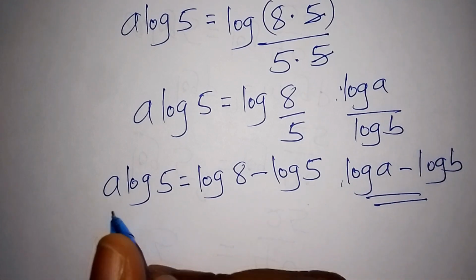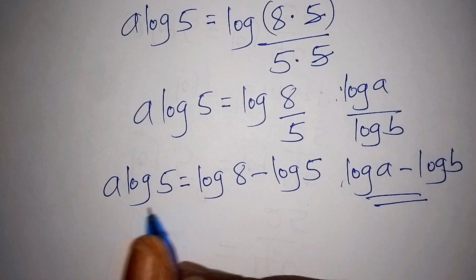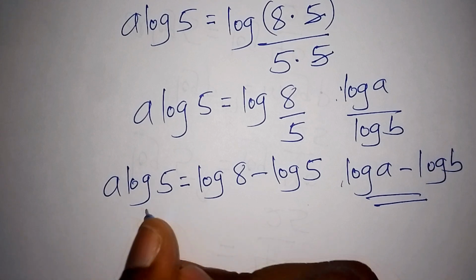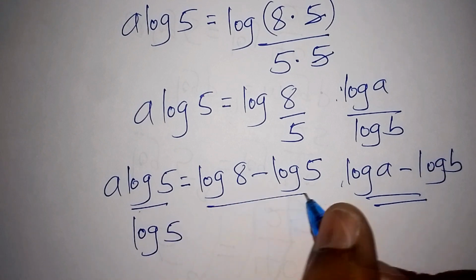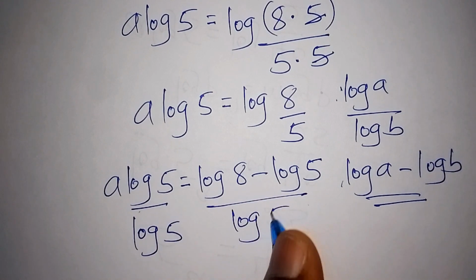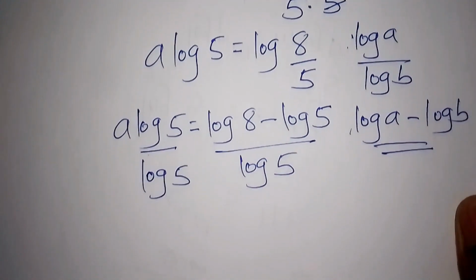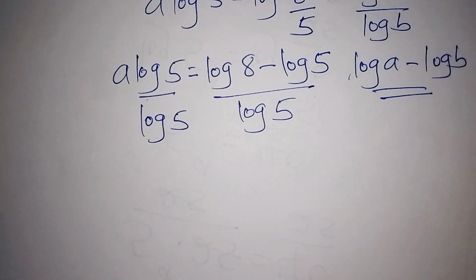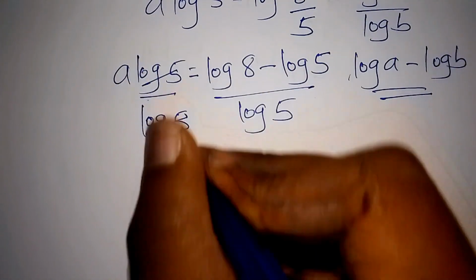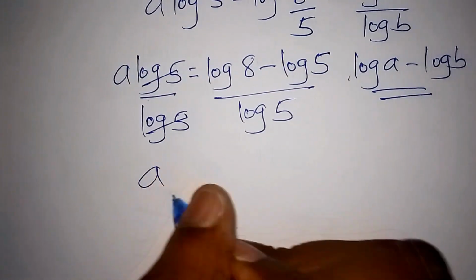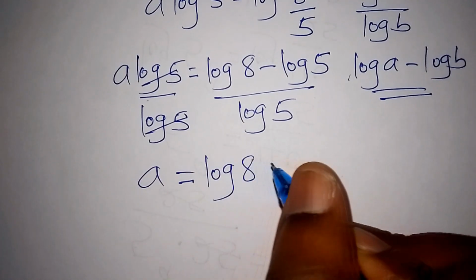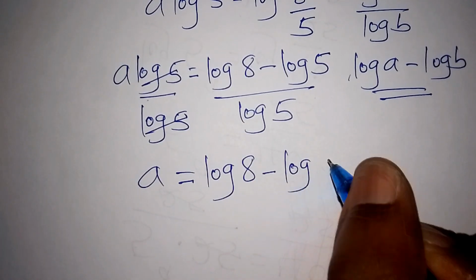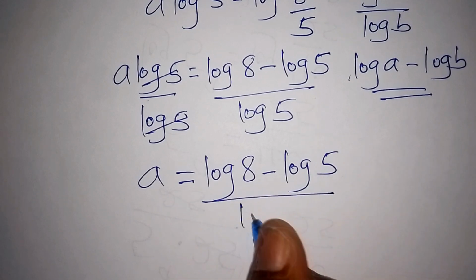Now it is time to remove this log 5 so that we remain with a on the other end. So we divide both sides by the log of 5, so that log 5 and log 5 cancel each other. Our value for a is now equal to the log of 8 minus the log of 5, all over the log of 5.